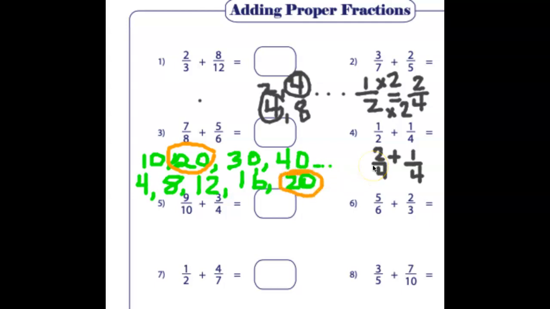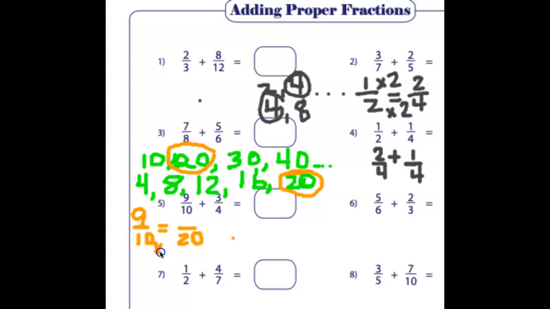So we want to use as small a number as we can. Would it work if we use 40? Yes, but we really want to try and do as small a number as we can. So if we change 9/10 to 20, all we have to do is ask, 10 times what is 20?